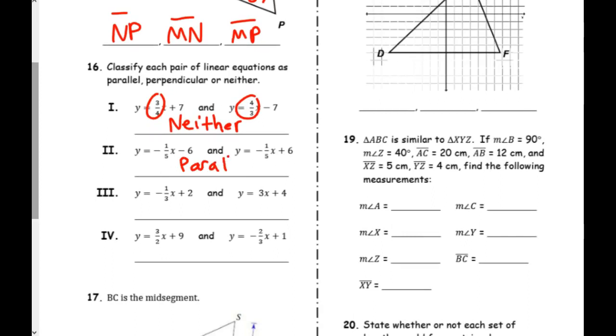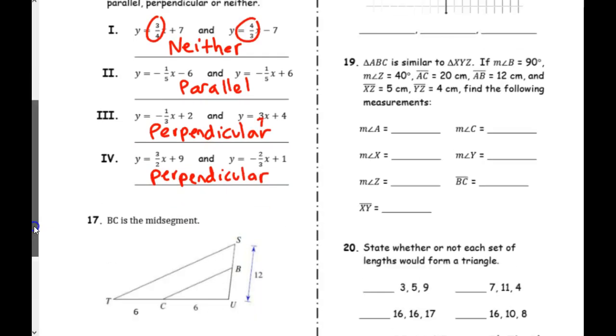Same slope. Negative 1 over 3, positive 3 over 1, that is perpendicular. That's opposite reciprocal. Change the sign, flip the fraction. 3 over 2, negative 2 over 3, hey, that's perpendicular. They flip the fraction, and they change the sign.